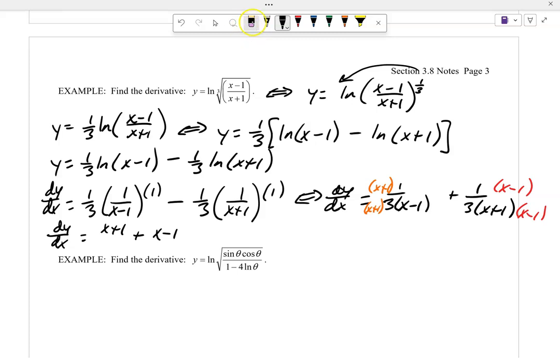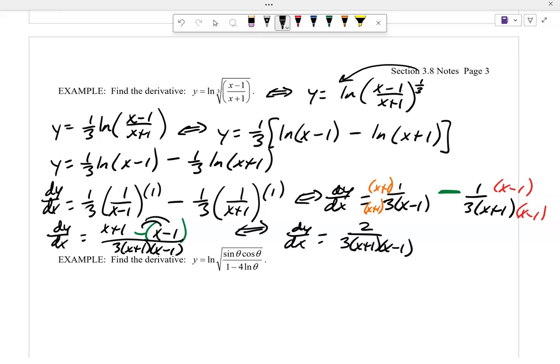Oops, I just realized that's a minus right there. That's a minus. Sorry about that. That's a minus. And that's all over our common denominator. So I distribute that, and we'll have our dy dx being x plus 1 minus x plus 1. So 1 plus 1 will end up with 2. There's our dy dx.